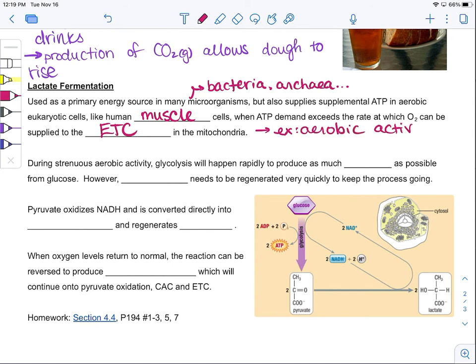I'm sure all of us have experienced this, but we also learned this in grade 11 biology: when we are doing these strenuous aerobic activities, our heart rate and our breathing rate increases. The goal of that is to get as much oxygen to our cells as is possible. However, there does come the point where not enough oxygen gets there fast enough. So that's what I'm describing here: oxygen does not get to our cells fast enough.